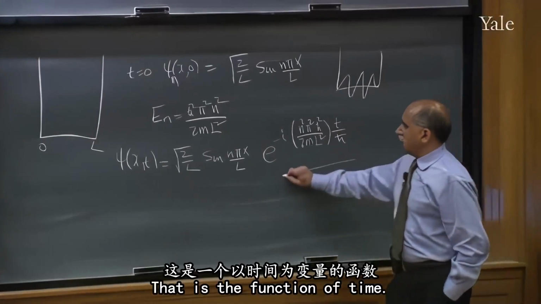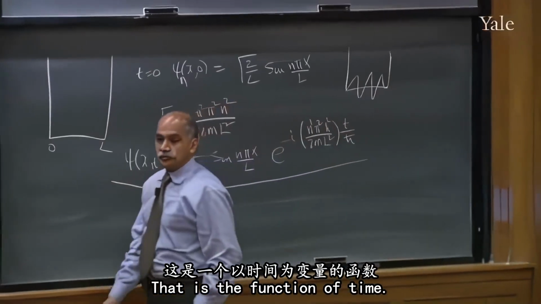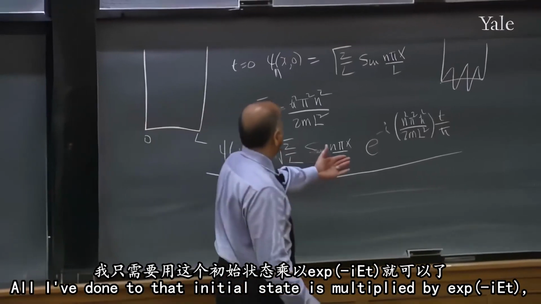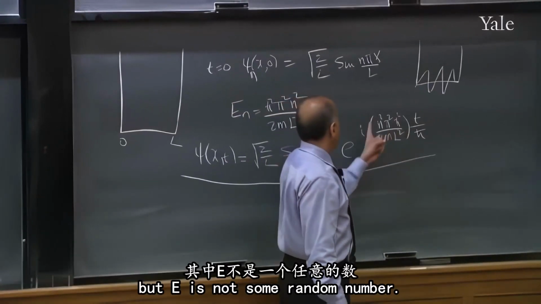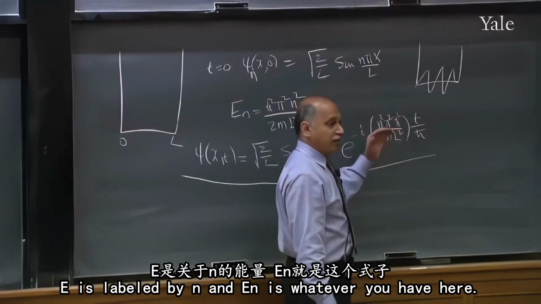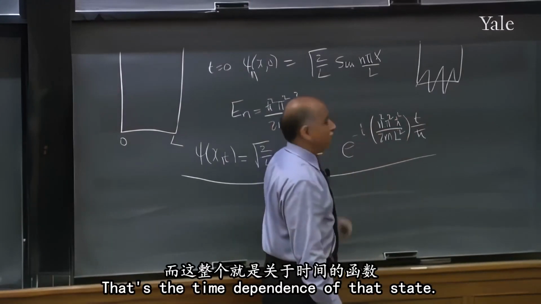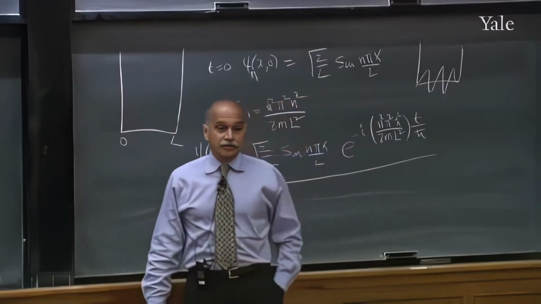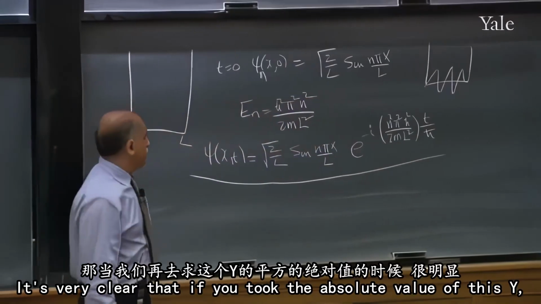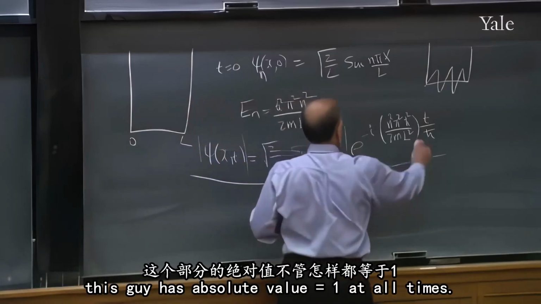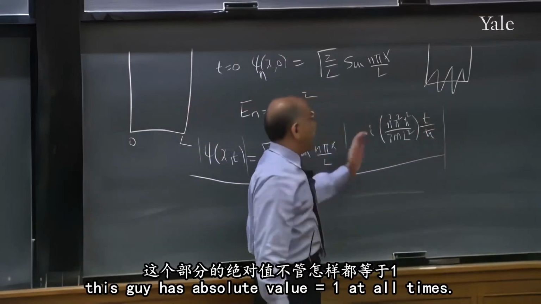That's it. That is the function of time. All I've done to that initial state is multiply by e to the minus i E t, but E is not some random number. E is labeled by n, and E sub n is whatever you have here. That's the time dependence of that state. It's very clear that if you took the absolute value of this psi, this guy has absolute value equal to 1 at all times.